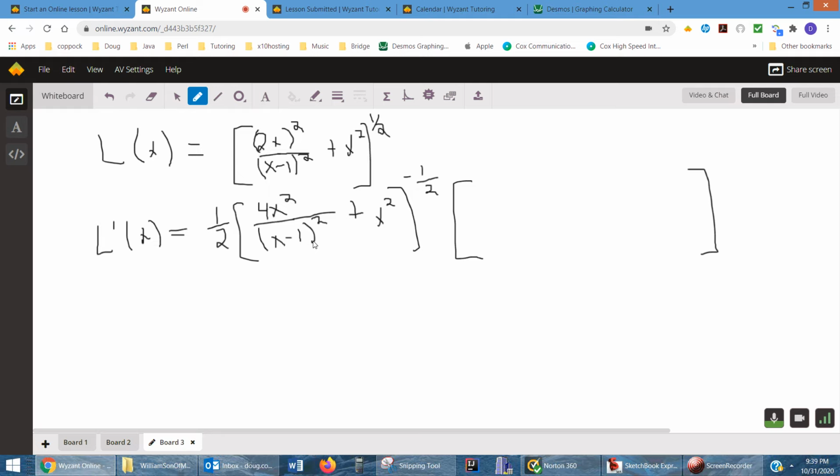For this first term, we have to use the quotient rule: denominator times the derivative of the numerator, minus the numerator times the derivative of the denominator, which will be 2 times x minus 1, all over the denominator squared, plus I still have the derivative of this term.